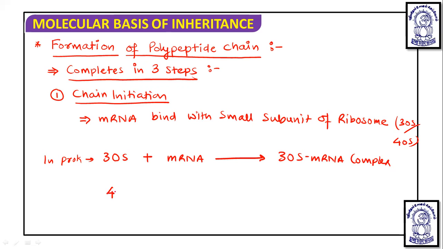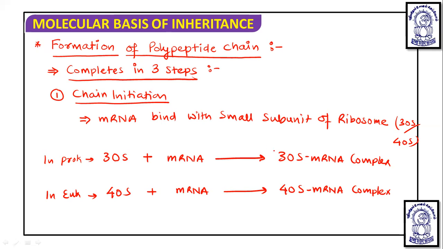And in eukaryotes, the 40S subunit of the ribosome, which is the small subunit, binds with the mRNA and forms a 40S mRNA complex.